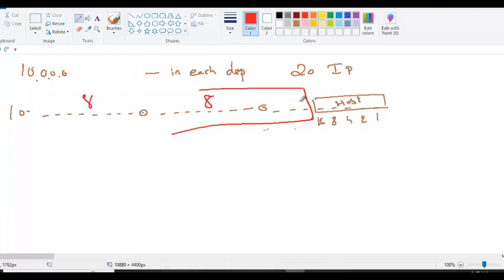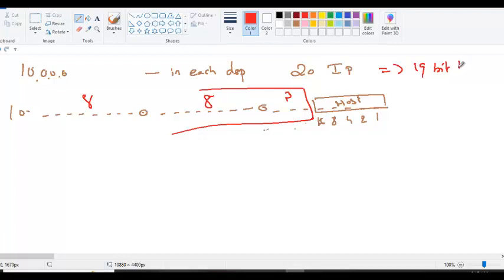That's all. So this is equal to the earlier questions. Earlier they used to say 19 bits given or borrowed. You know how to do this, isn't it?